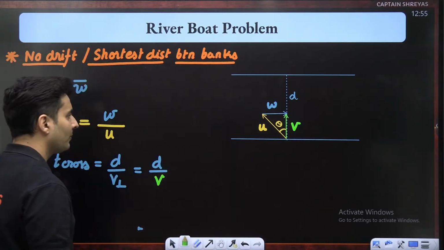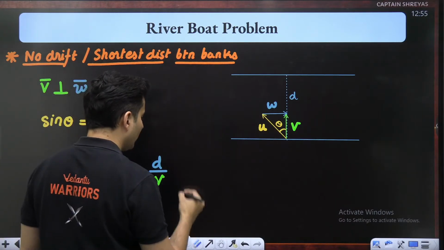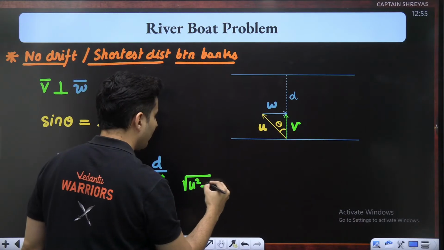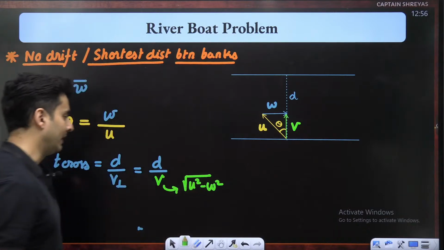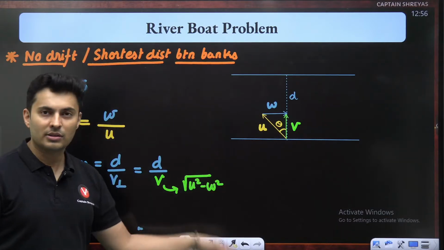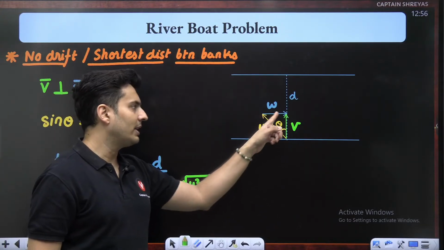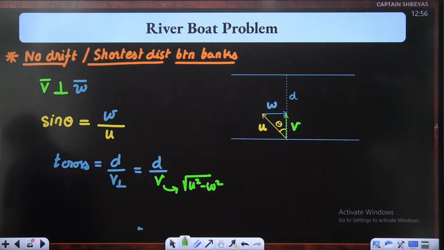So it will be just d by v, correct? But usually v will not be given to you. So v can be written as root of u square minus w square, using Pythagoras theorem: hypotenuse square minus side square, whole root. That's how you will write it. Clear this point?